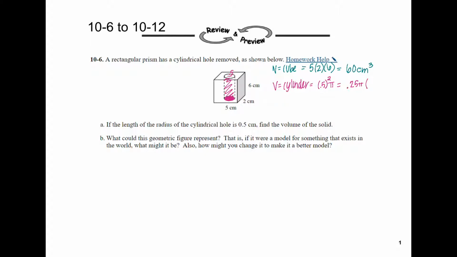Times that by the height of 6, and we get a volume of 1.5 pi centimeters cubed. We need to subtract out the hole, so if we take 60 minus 1.5 pi, we get approximately 55.3 centimeters cubed.